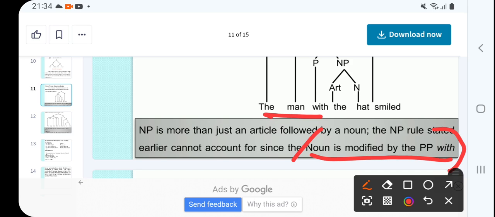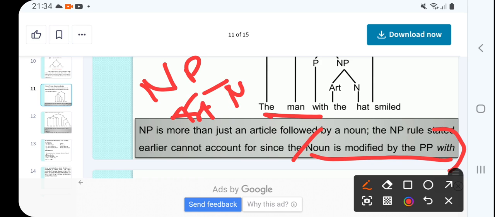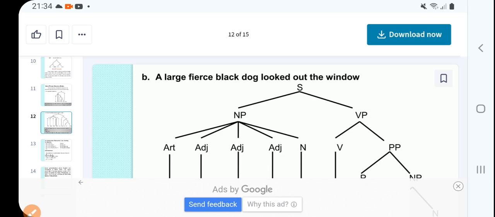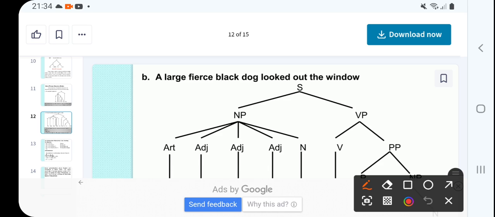Earlier, what we discussed was that a noun phrase means an article or determiner, same thing, and then a noun. But here they are adding one more thing, that the noun is modified by a prepositional phrase, here with the hat. So that's a prepositional phrase, right? With, then in the prepositional phrase, the hat, this way. Okay, now, a large fierce black dog. So that's a large fierce black dog.